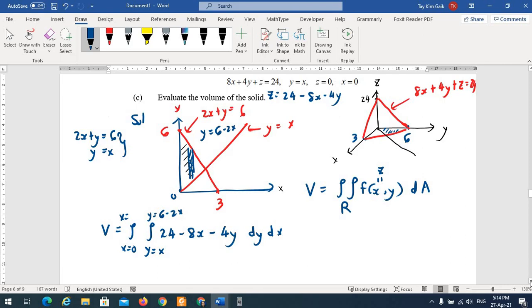Plug in: 2x plus x equals 6, 3x equals 6, so x equals 2. That's why x is from 0 up to 2.